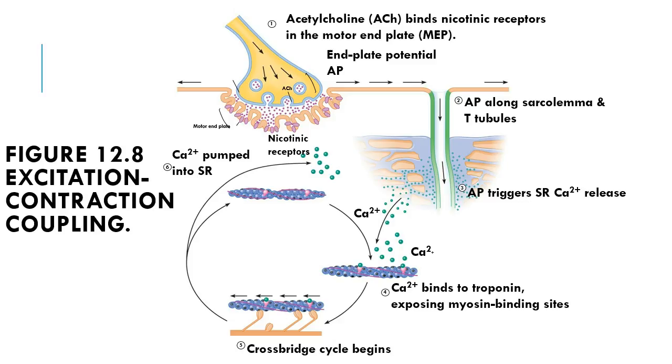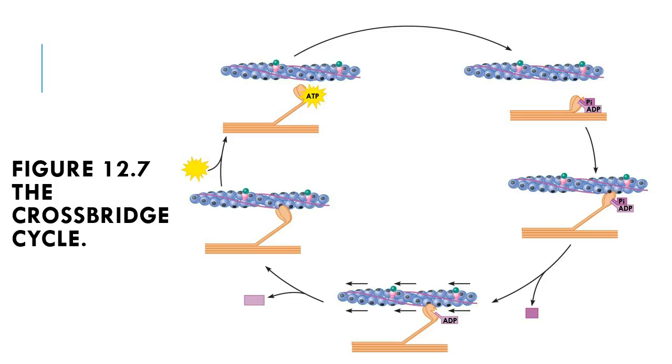Let's turn our attention now to the cross-bridge cycle and look at what happens there. During the cross-bridge cycle, it's outlined in figure 12.7. It's a sequential series of events that's very well characterized, and so that's why we get to pick it apart like this. In essence, when calcium is available, a muscle cell is not going to just spontaneously contract if there is no ATP available.